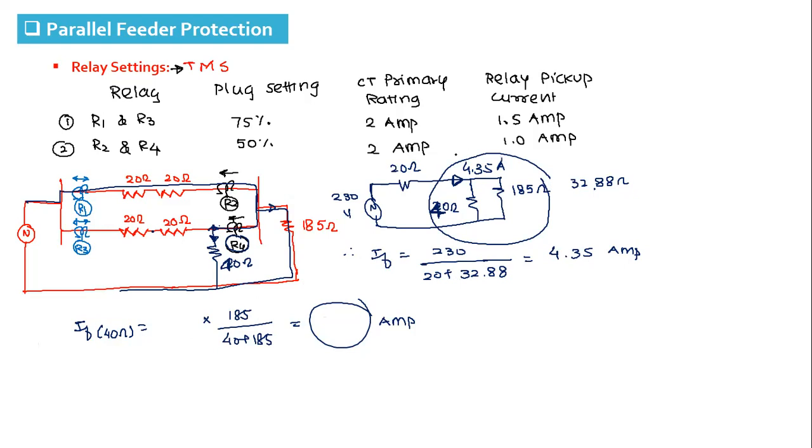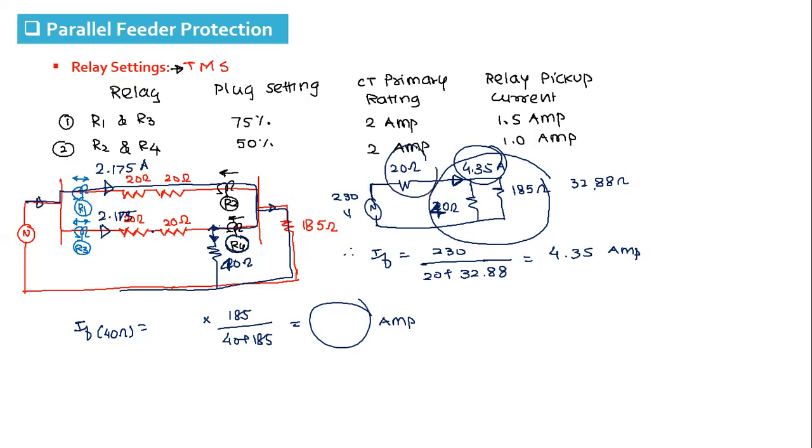This is the total 4.35, which is divided into two parallel parts. So what is the current here? 4.35 divided by 2, because it is a parallel circuit. 4.35 divided by 2 is 2.175 here. And here also 2.175. I hope you understand what I'm saying.